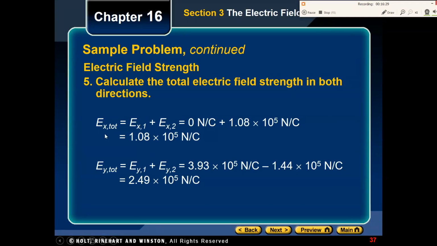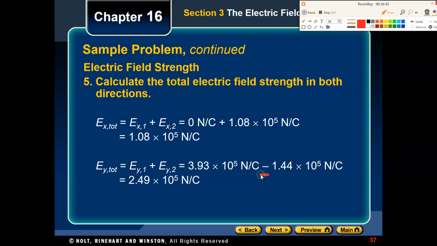Let me combine them to figure out the total component in the X direction and the total component in the Y direction. Because this one is negative, you need to subtract it, so that you can figure out X total and Y total.